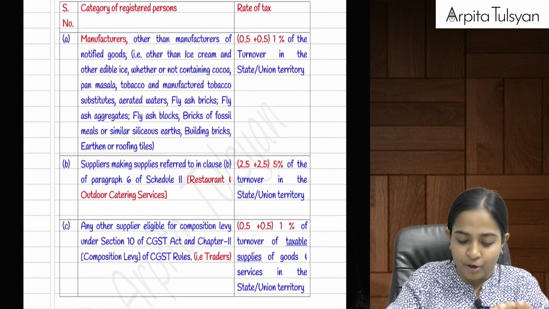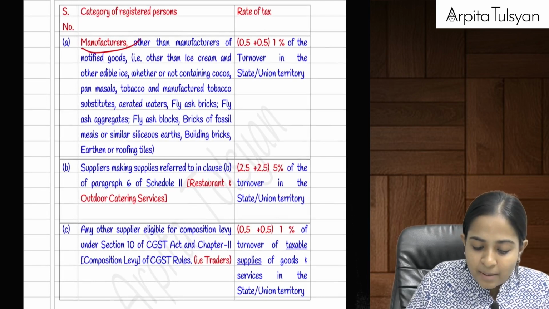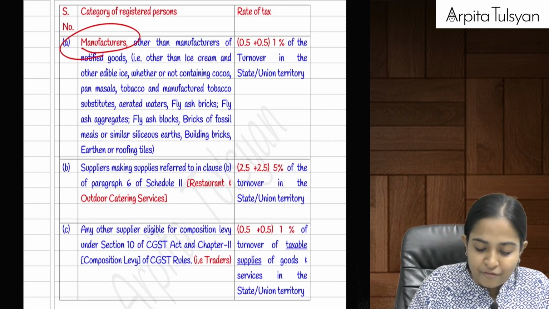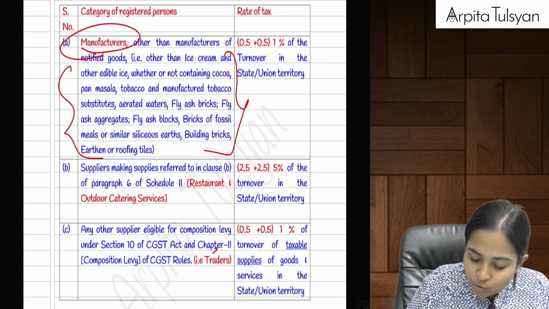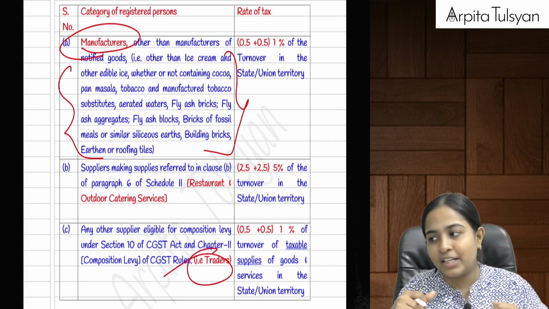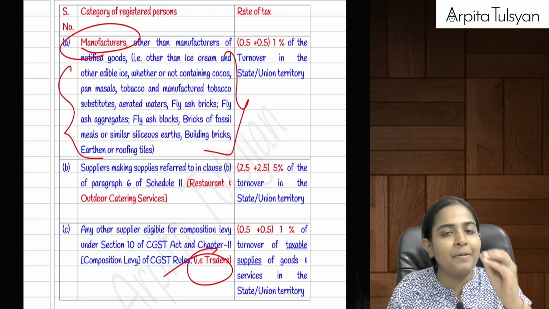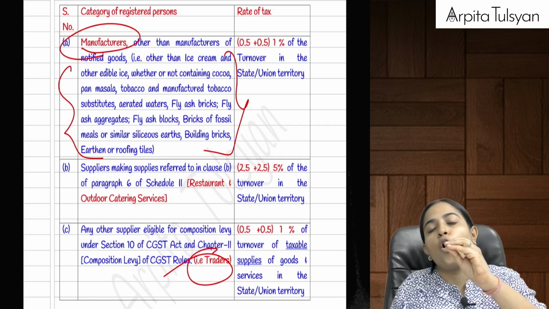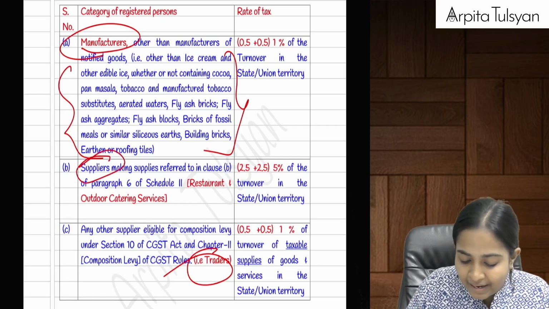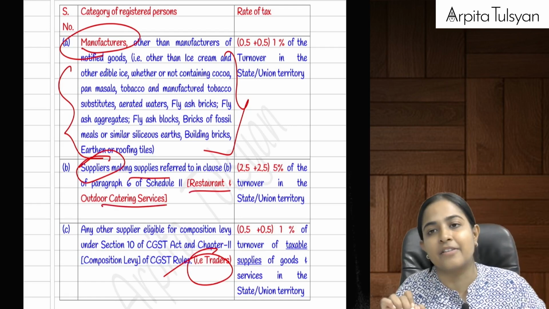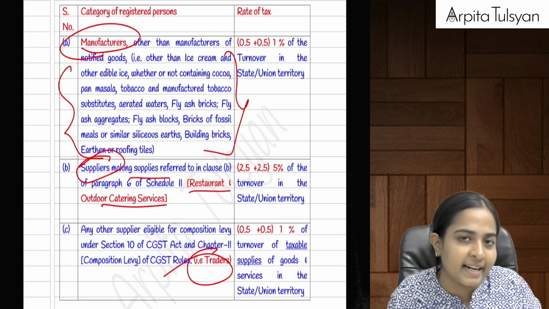Can you see? Yes, I have got my table. That is, if you are a manufacturer other than a manufacturer of some specific items, or if you are a trader of some goods, or if you are a supplier of some specific services, that is restaurant and outdoor catering services.